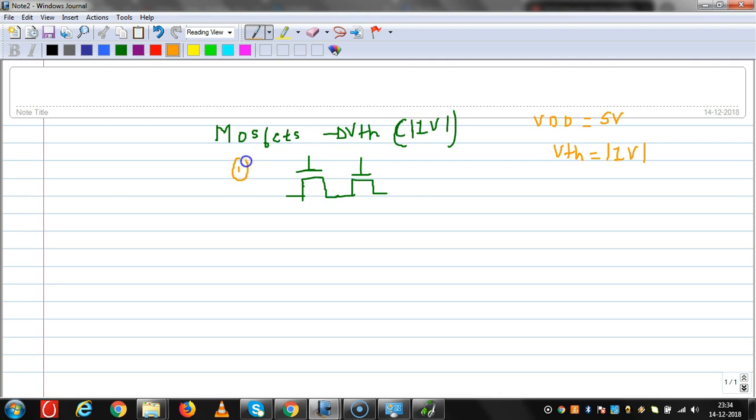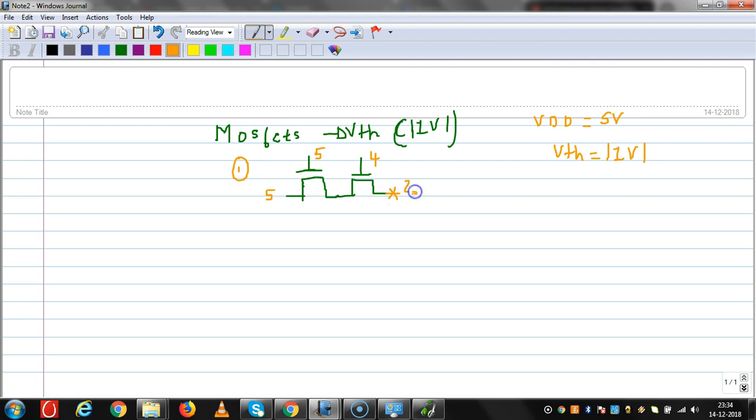Now let me just solve this first problem, where let's say that this gate voltage is 5 volts, and let's say this gate voltage is 4 volts, and the voltage which is applied here is also 5 volts. Now you have to find out what is the voltage at this particular node.